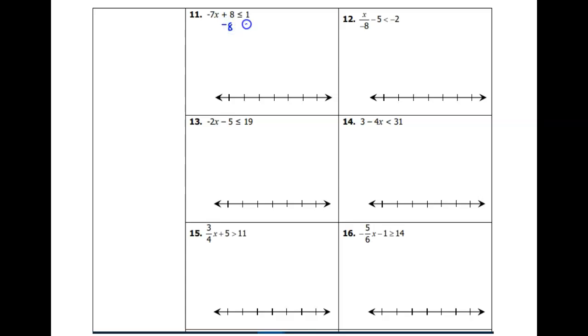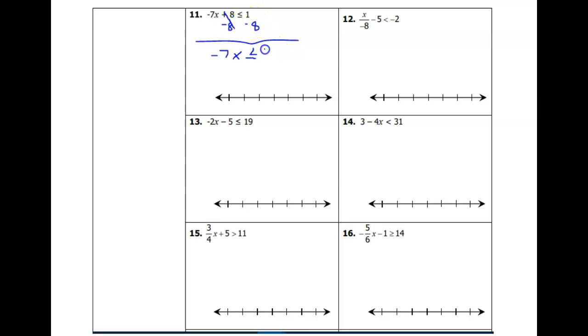When I subtract 8 on both sides, to the left, the 8's cancel. So I just have -7x. And then I'm going to bring down my inequality, the less than or equal to. And then I got 1 minus 8.